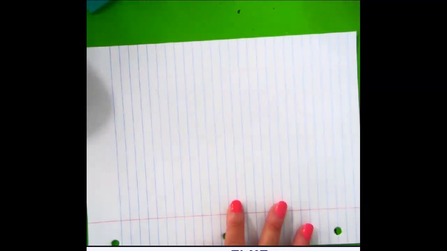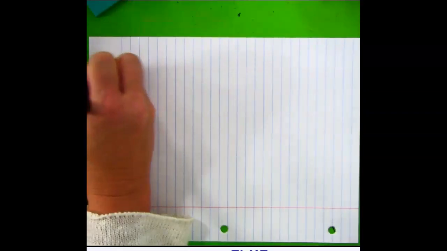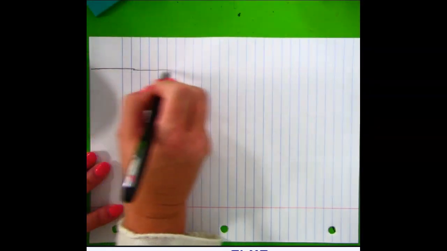I'm not folding my paper this time because I'm basically drawing a picture on my paper, so I'm going to turn my paper this way. The great thing about using notebook paper is oftentimes it gives us lines.